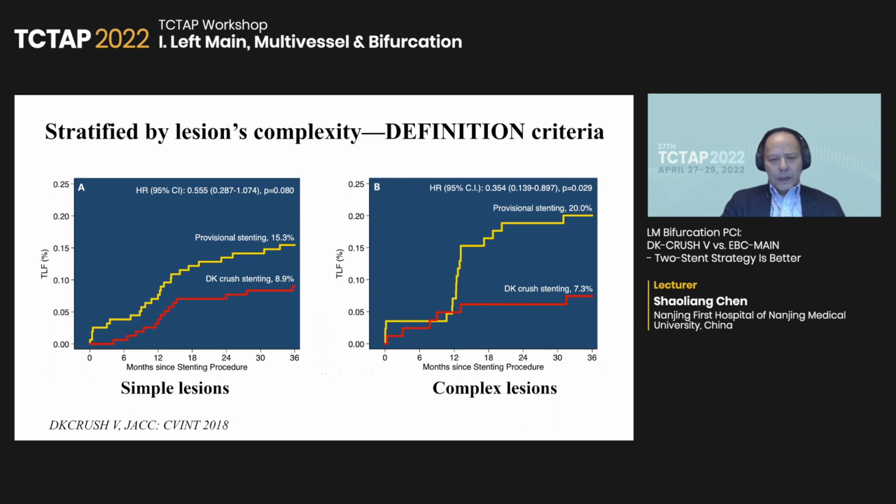From left to right, within 3 years of follow-up, the absolute number of TLF was higher in the provisional group, but non-significant compared to the DK-5 group. On the right, in terms of complex bifurcation, you can see an extremely high rate of TLF after provisional compared to the DK-5 technique.